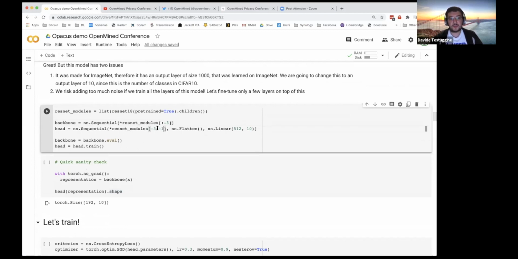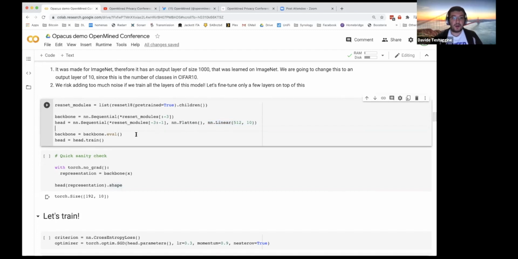The only difference is that we actually don't want the last piece because it's the ImageNet output layer, remember? So we're gonna throw it away and we're gonna put our own output layer. This CIFAR 10 has 10 classes, so we're gonna put 10. We're gonna keep the backbone in evaluation mode and we're gonna train only the head. This also saves some GPU memory, by the way.